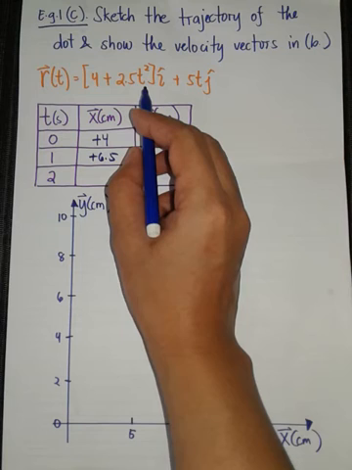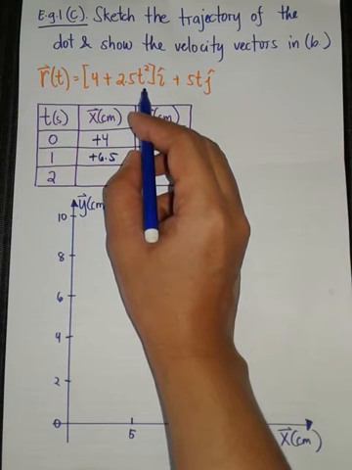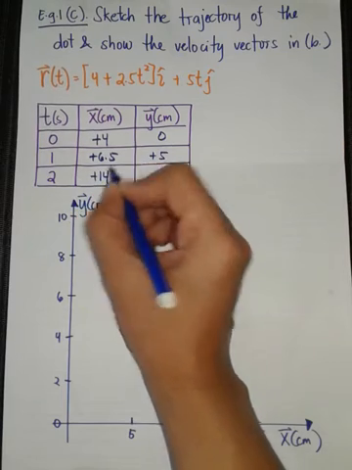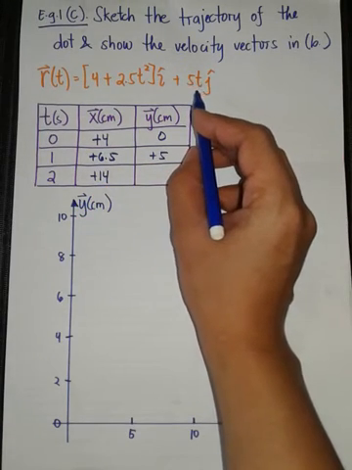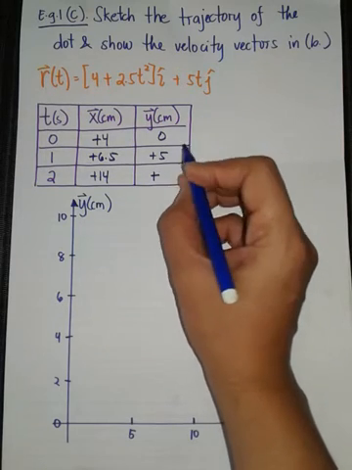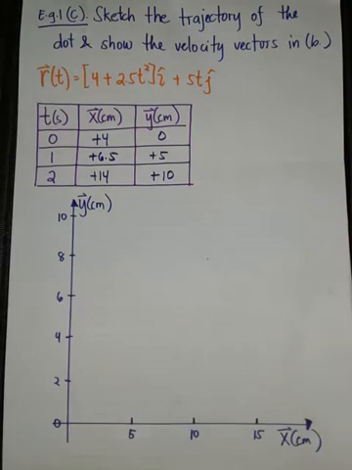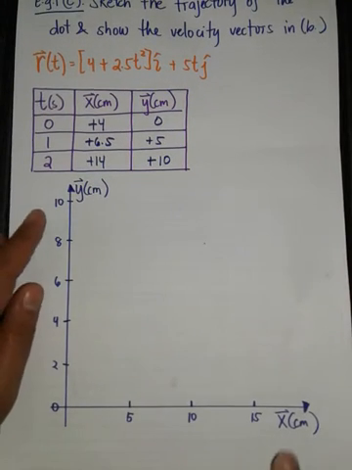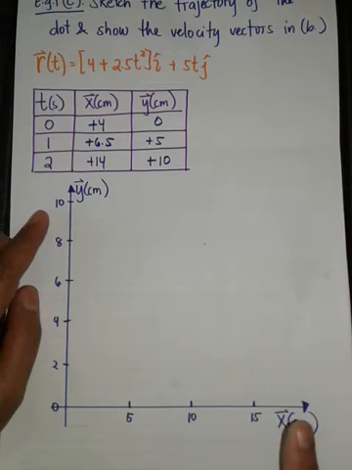And finally, when time is 2, we solved this earlier: x is positive 14, and y is, of course, positive 10 centimeters.